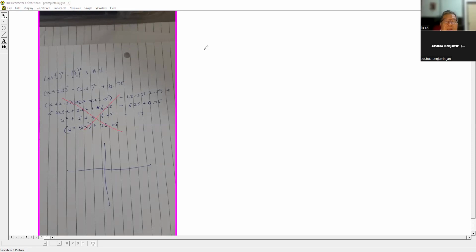This is x plus 2.5 square minus 2.5 square is 6.25. 6.25 plus 10.25.